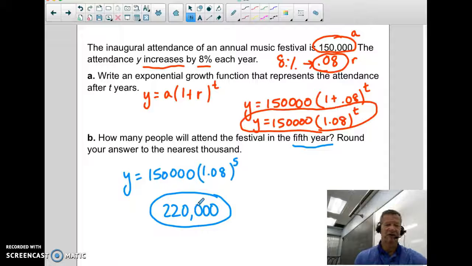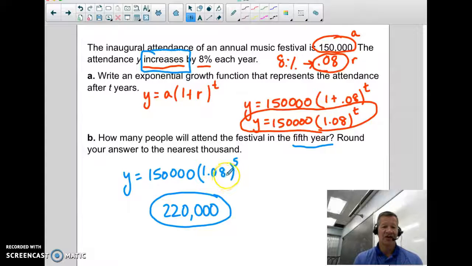Now just one statement real quick. If this had said right here, this word, that y was decreasing by 8% each year, what would the difference be? Instead of 1 plus 0.08, we would have said 1 minus 0.08. This 1.08 represents 108%.